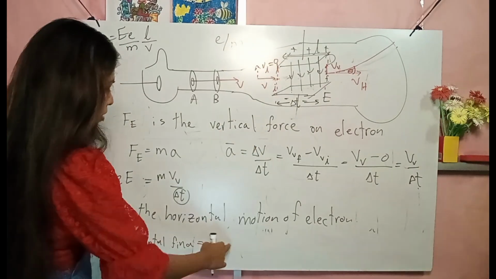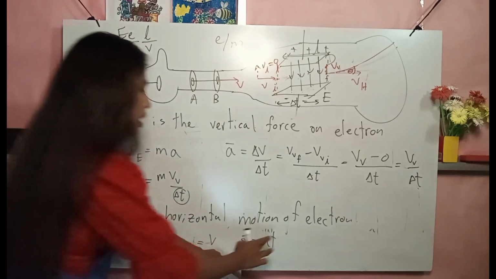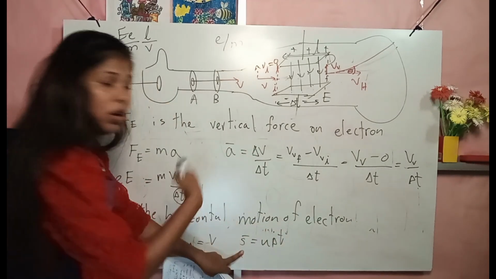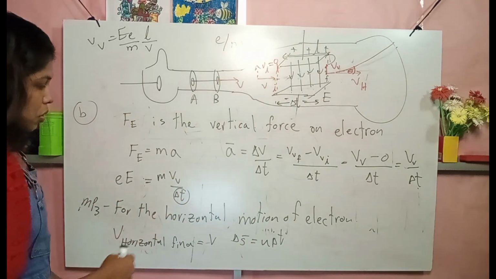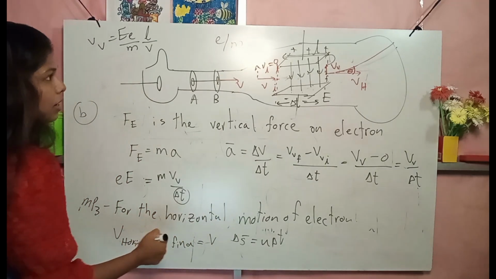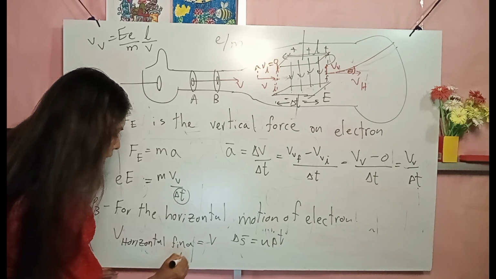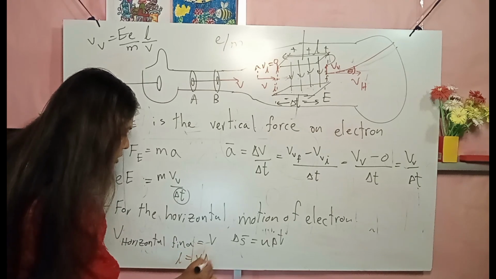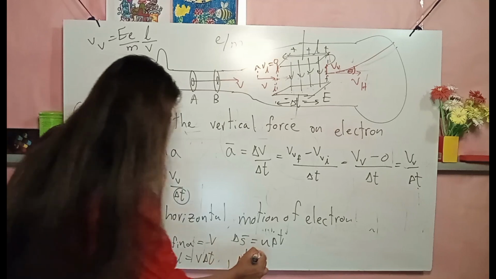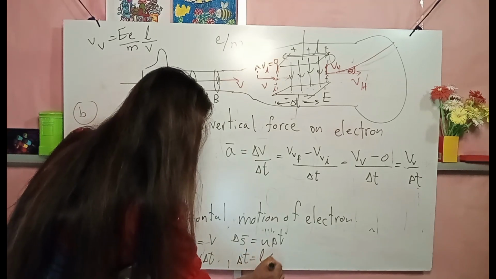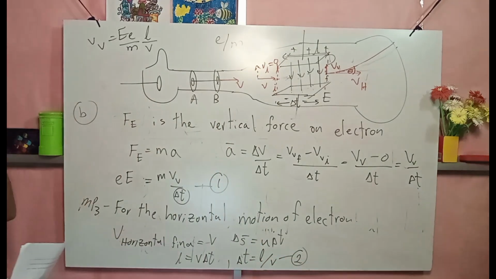Then we can apply the equation delta S equals u delta t for the linear motion. From that we can take L equals V into delta t, such that delta t equals L divided by V. This is the first equation, and this can be taken as the second equation.